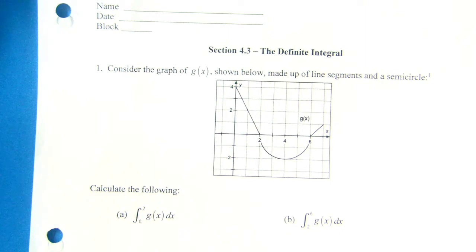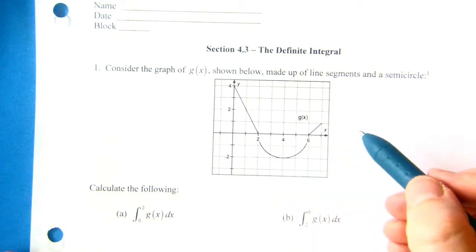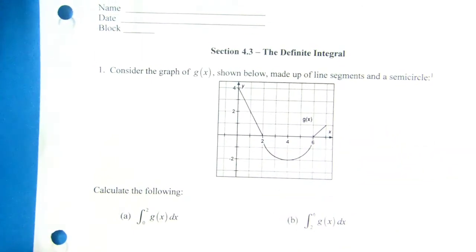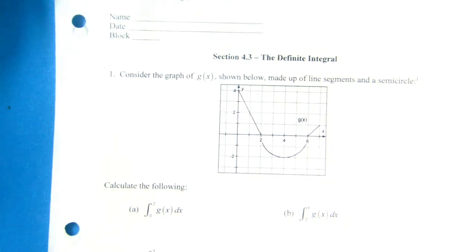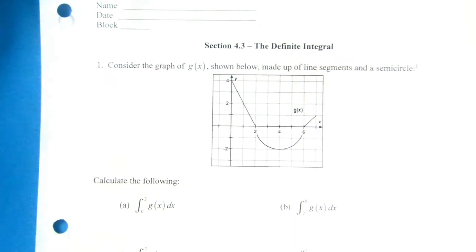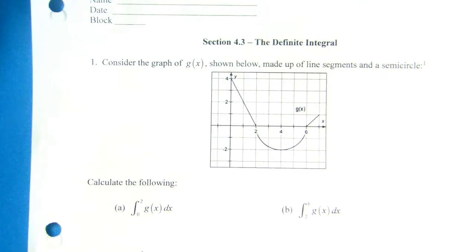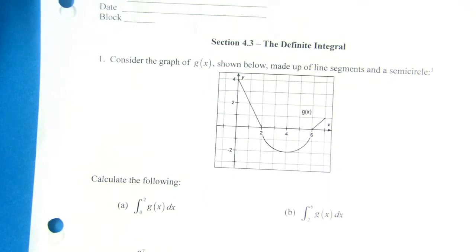Instead, I'm just drawing out the function for you. The AP exam tends to do a lot of that, although they also will need you to recognize triangles, semicircles, quarter circles from the formula, like we just did in the notes. And we want to figure out a couple integrals here. You know what? I think you can go do A and B. Please try letter A and send your answer into Edpuzzle.